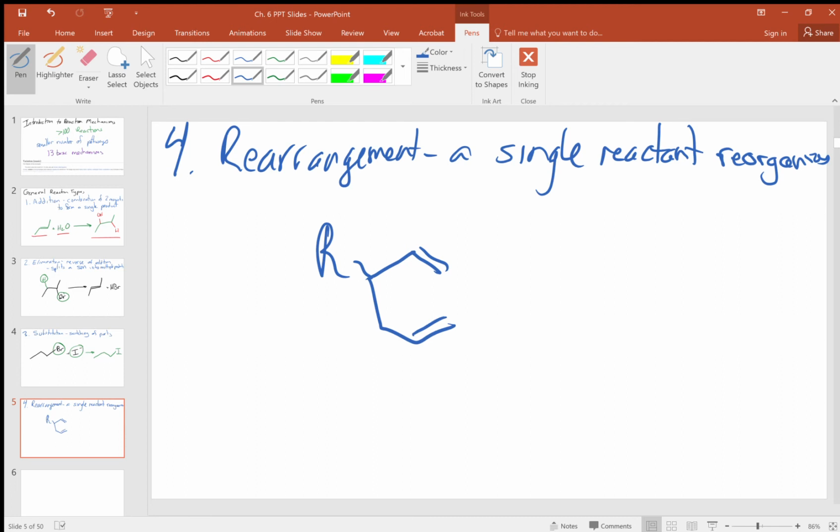So here's our starting material, and this can undergo a rearrangement to form a product that's going to have the same number of carbons, the same number of hydrogens, but we've rearranged how the atoms are put together.